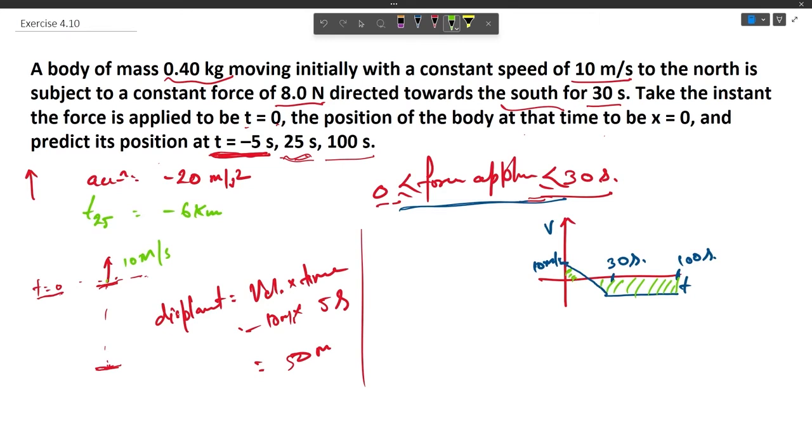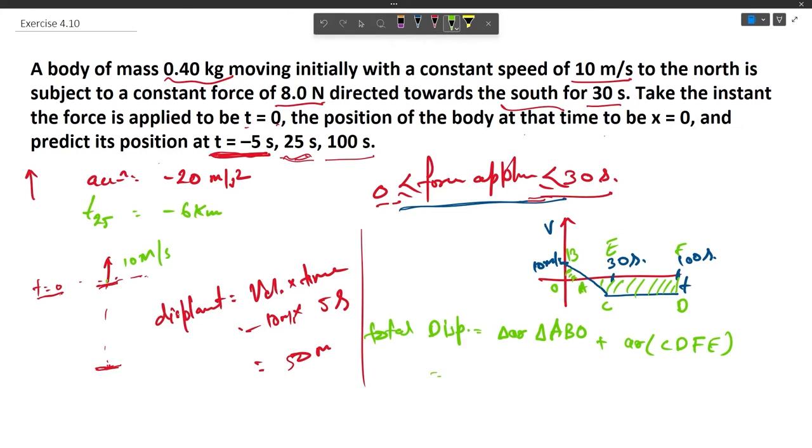So let us calculate the area of this small triangle first. Let it be represented by O, A, B, this point be C, this point be D, and E, F. So the total displacement would be the area of triangle ABO plus the area of CDFE.